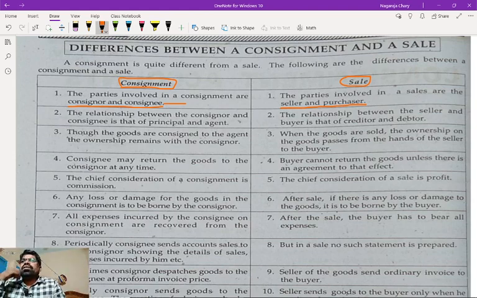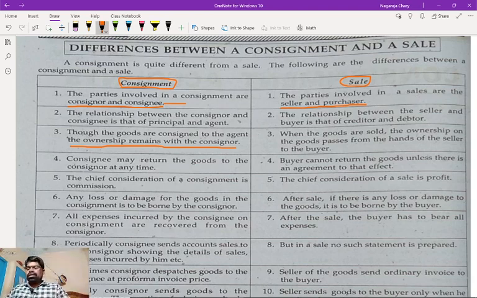Okay. Next, though the goods are consigned to the agent, the ownership remains with the consignor. Whatever goods are sent, ultimately the ownership of the goods is with the consignor. Whenever goods are sold, the ownership of the goods passes from the seller to the buyer.